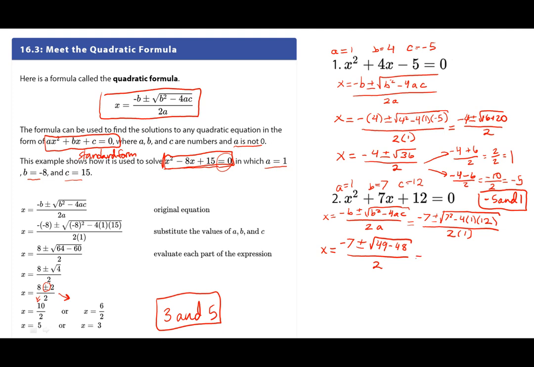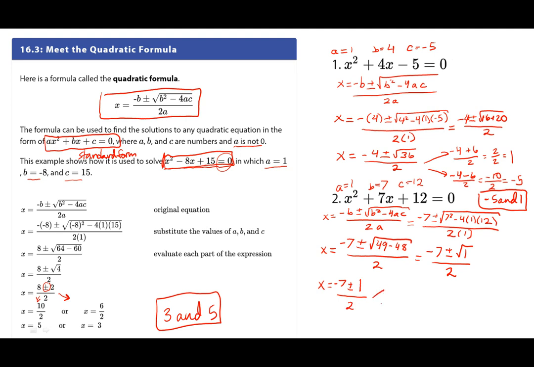So x equals, and as we simplify a bit more, negative 7 plus or minus, we have 49 minus 48 inside the square root symbol. So we have the square root of 1, and that entire expression is over 2. X equals negative 7 plus or minus the square root of 1, which is 1.